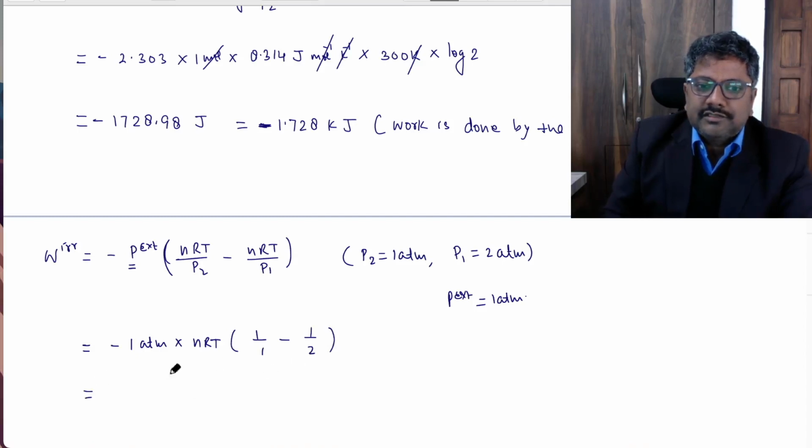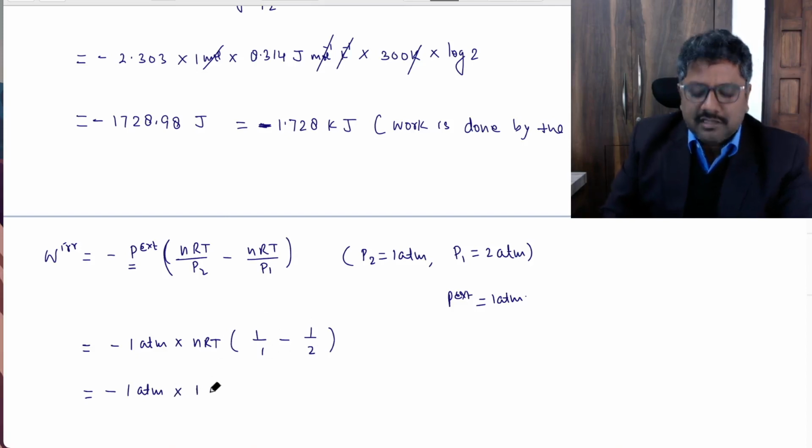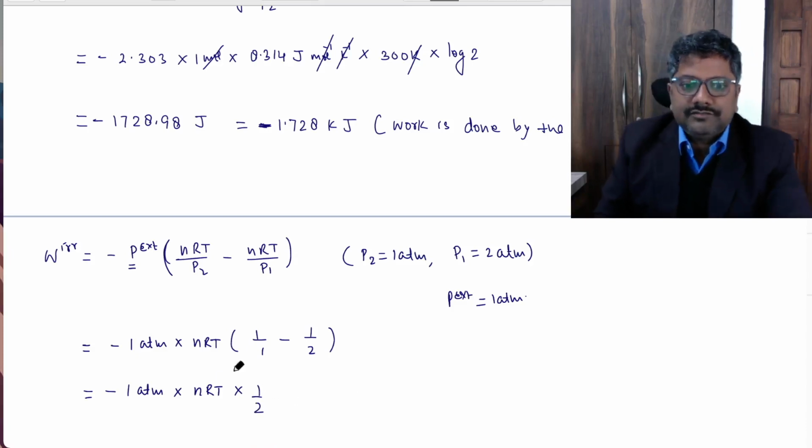So this is minus 1 atm multiplied by nRT multiplied by 1 by 2, right?